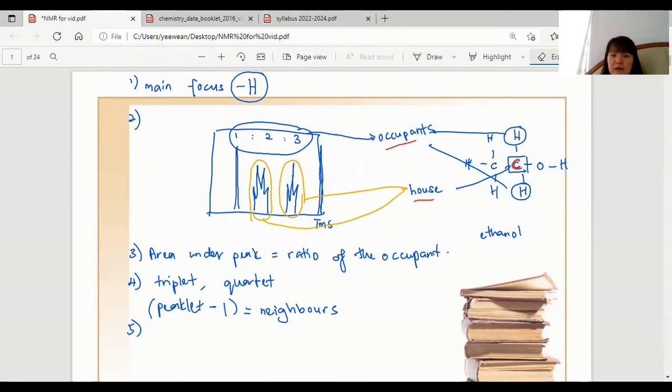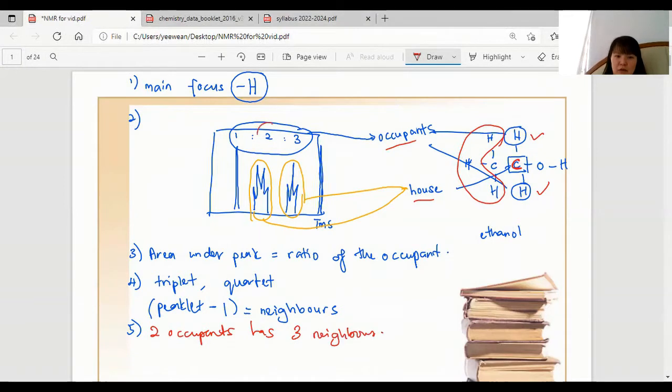So let's focus on the red carbon here. Read together with me: 2 occupants has 3 neighbors. There are 4 peaks here, minus 1 equals 3.